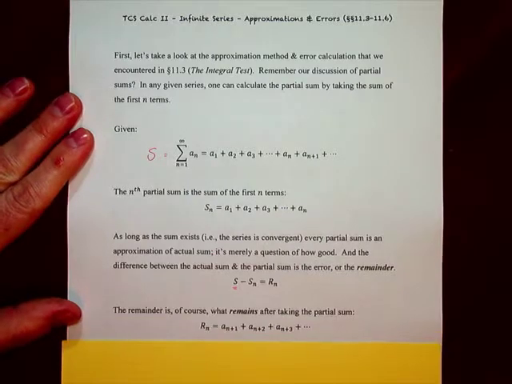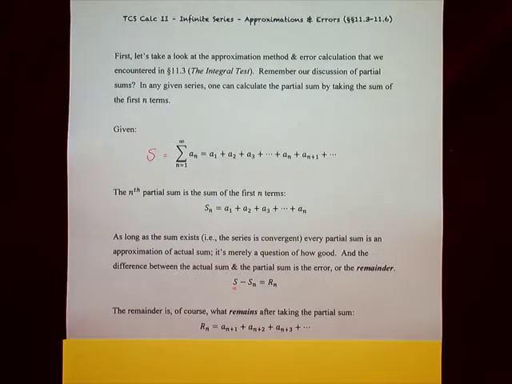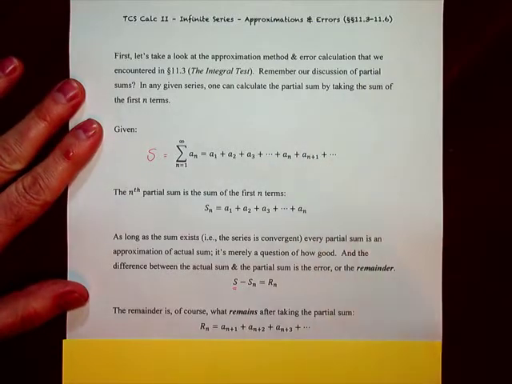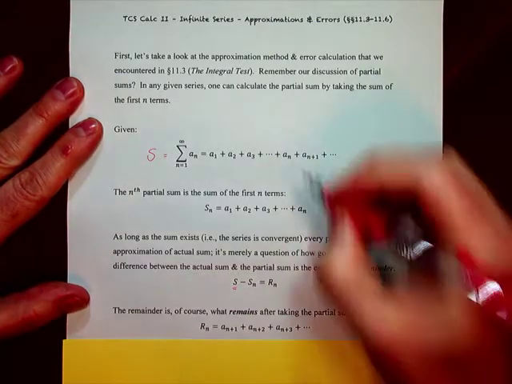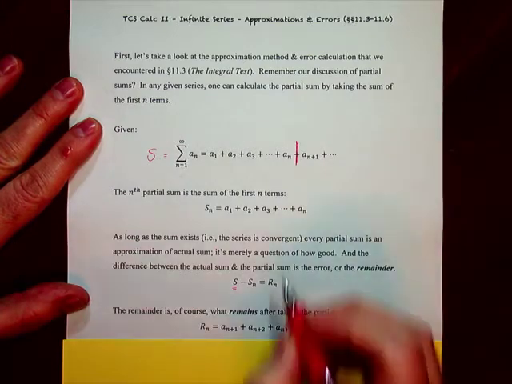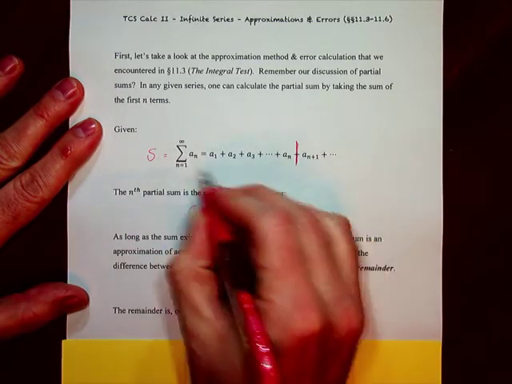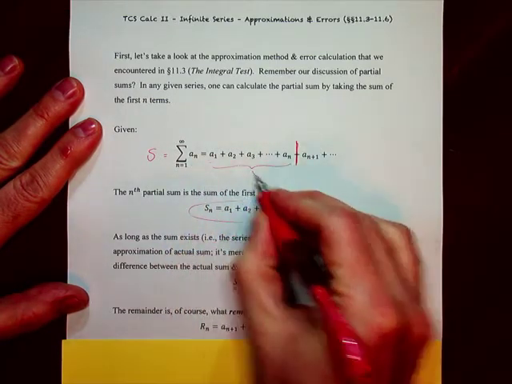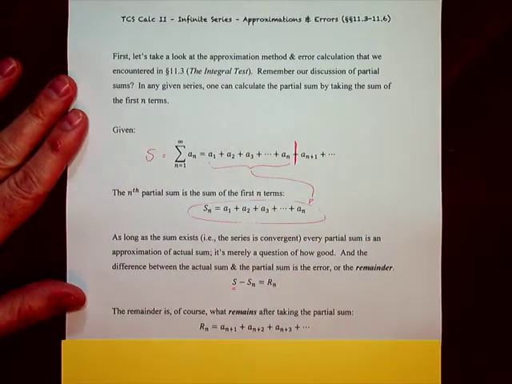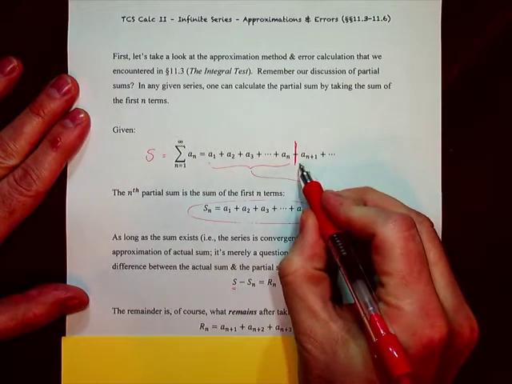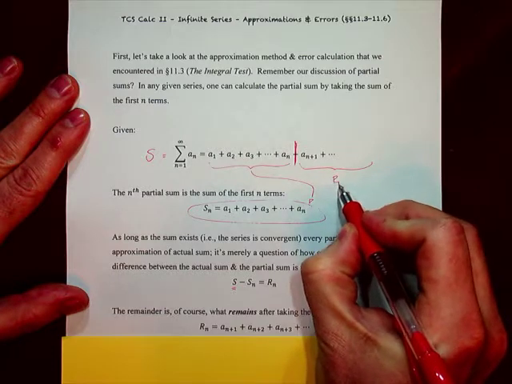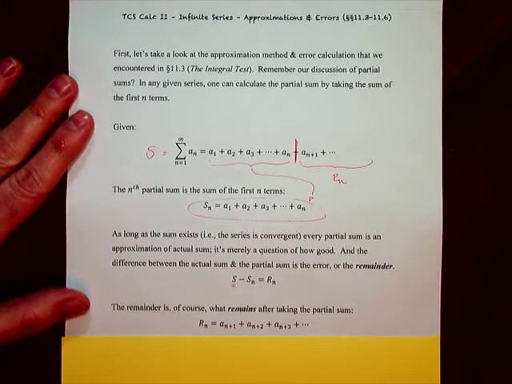Now, the remainder is all the terms that are left, right? Basically you chopped off right here in order to get the partial sum, and the rest of it out here is your R sub n. That makes sense.